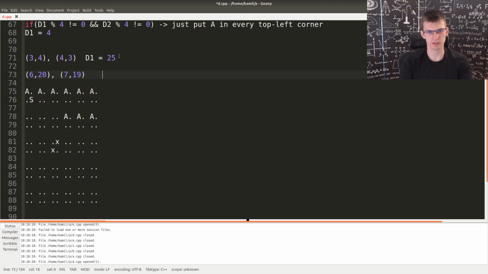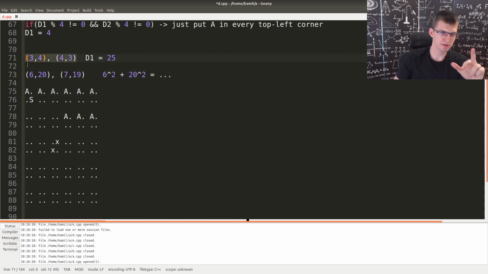It cannot be true that 6 squared plus 20 squared is equal to the other thing, 7 squared plus 19 squared, because 20 squared is much bigger than 19 squared. So this is only possible if it's ABBA.